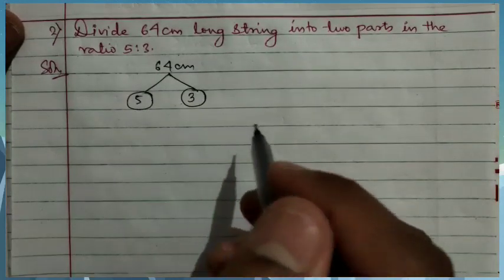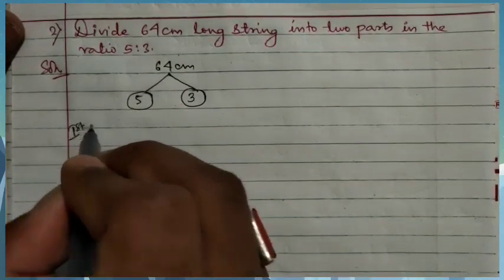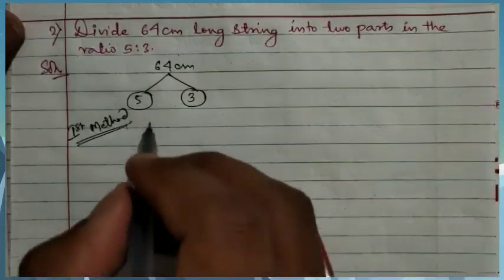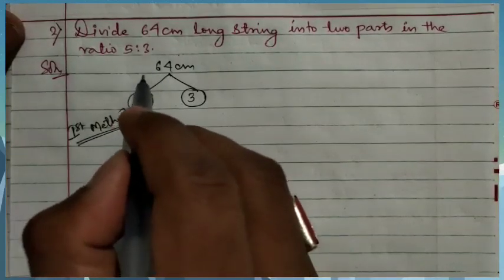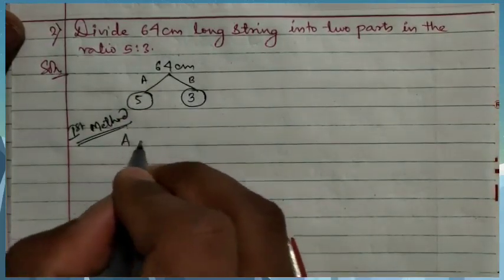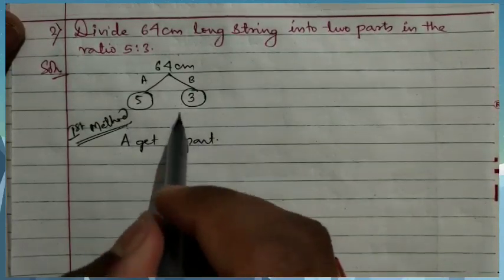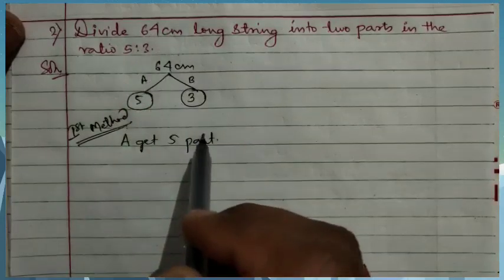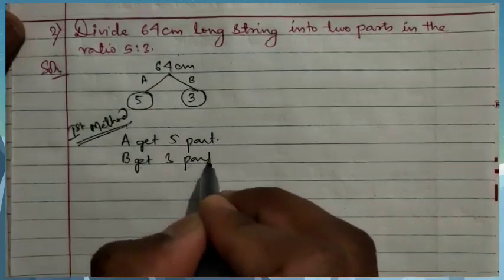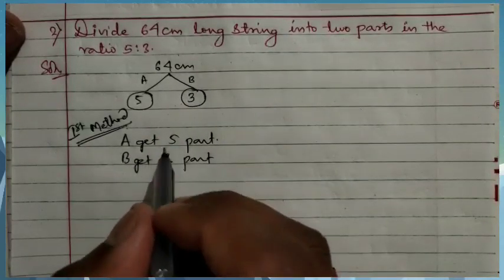How will we do it? We will solve it by 2 methods. The first method: let the first part be A and the second part be B. A will get 5 parts of the 64 centimeter long string and B will get 3 parts.